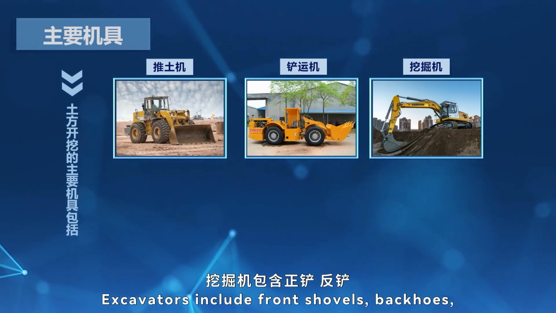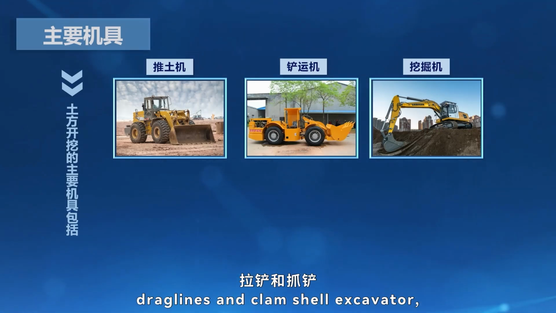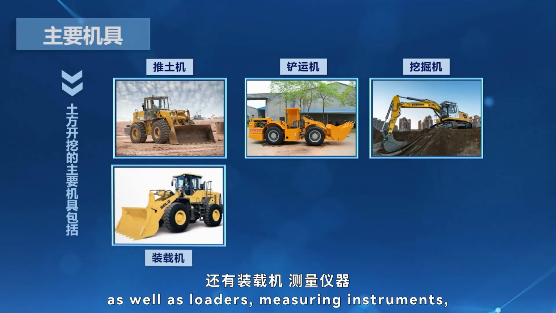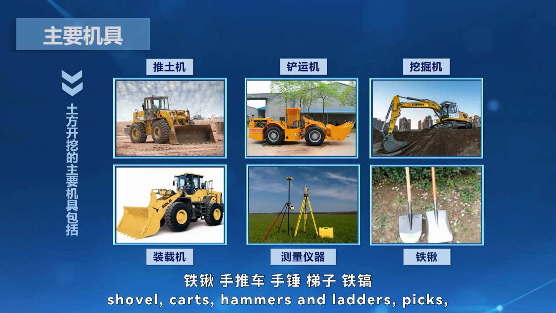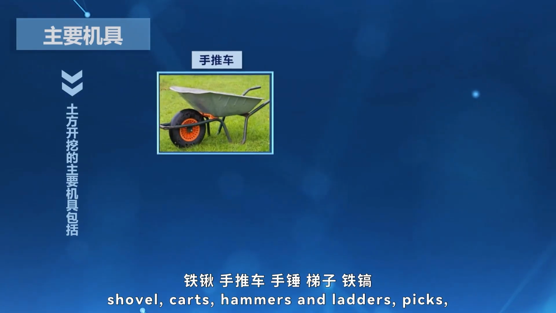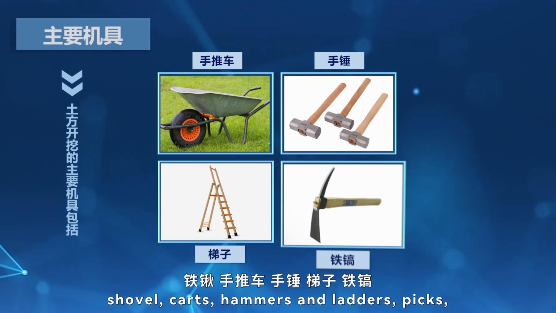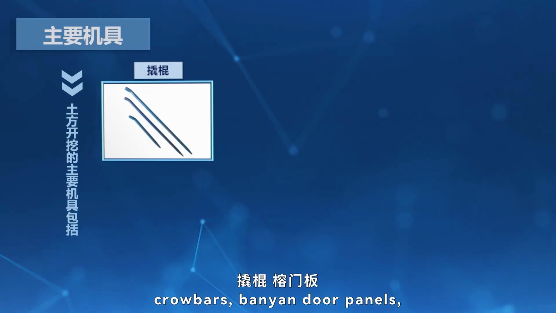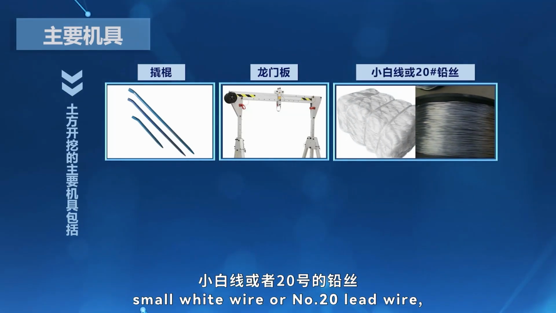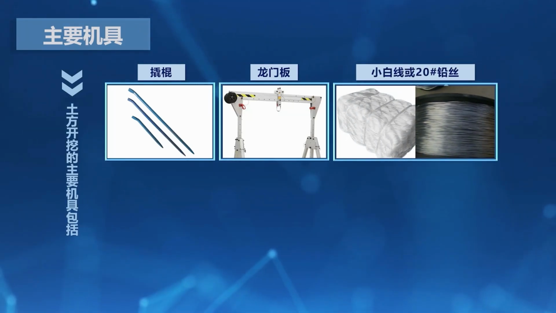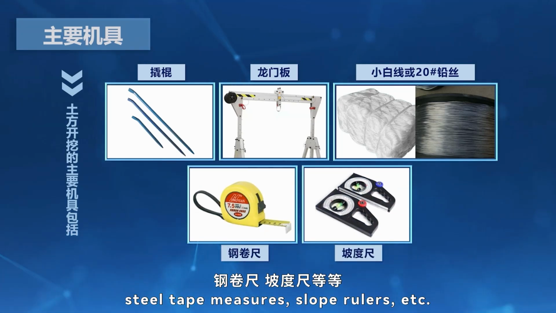Excavators include front shovels, backhoes, draglines, and clamshell excavators, as well as loaders, measuring instruments, shovels, picks, hammers, and ladders, crowbars, door panels, small white wire or number 20 lead wire, steel double measures, slope rulers, etc.